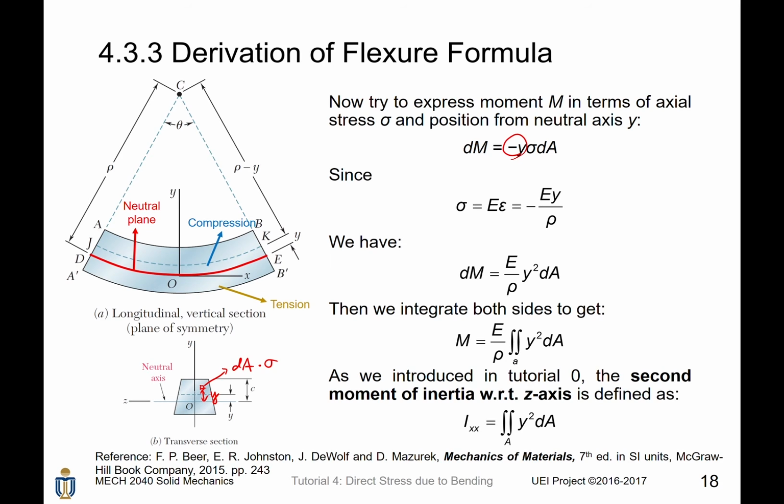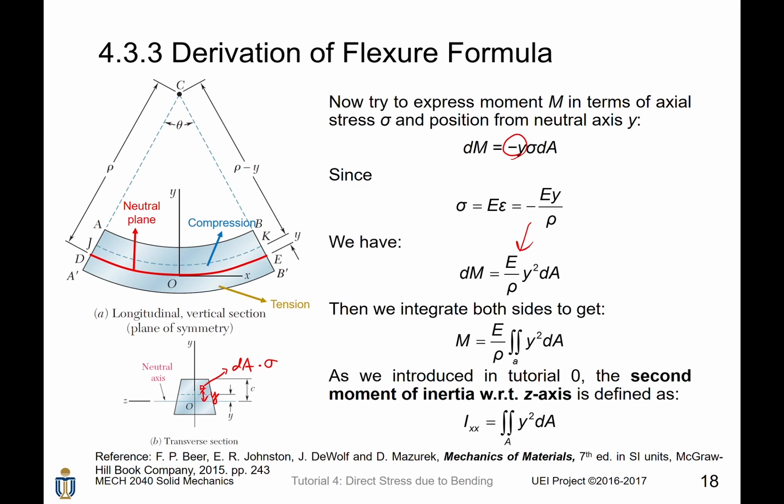Since we know that sigma equals E epsilon equals minus E y divided by rho, we substitute it in to get dM equals E divided by rho times y squared dA. We integrate both sides to get M equals E divided by rho, since they are constants, times the integral of y squared dA. As we introduced in tutorial 0, it is just the second moment of area with respect to the z-axis.